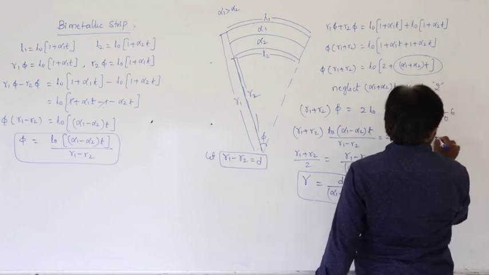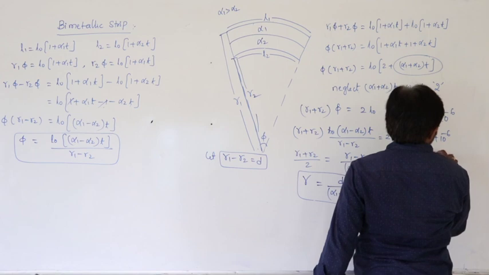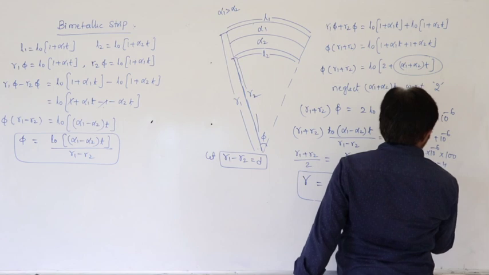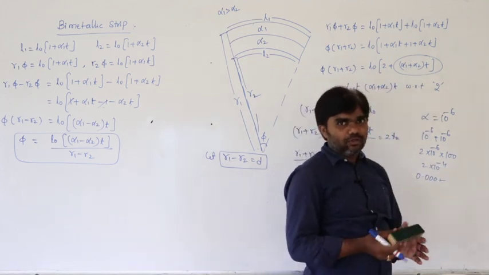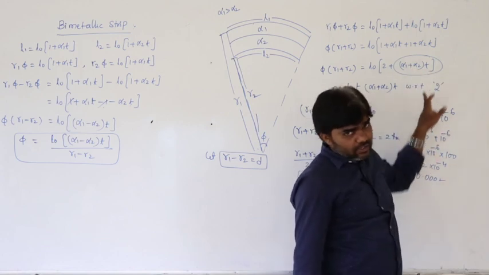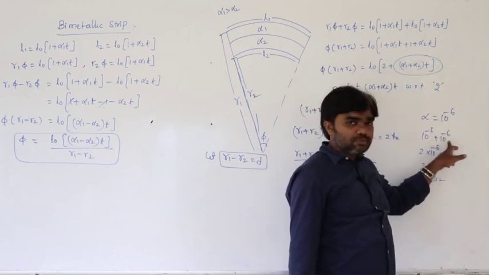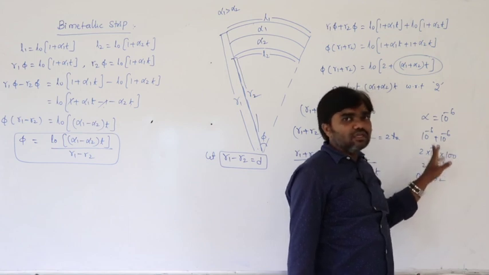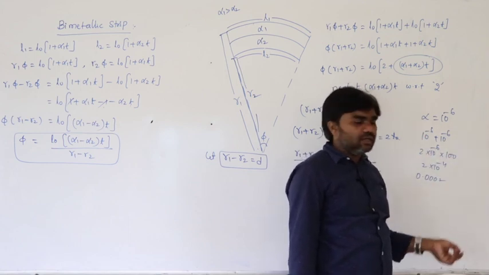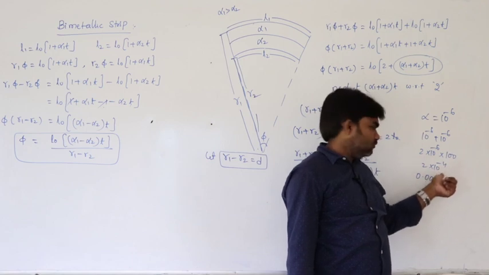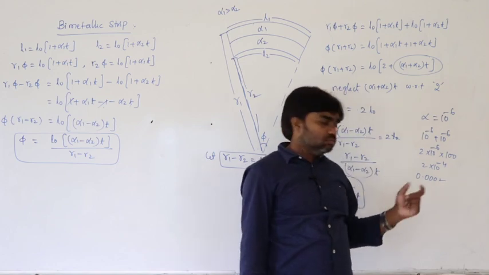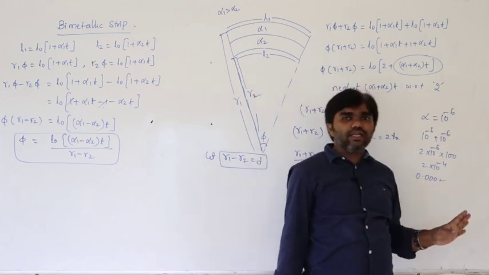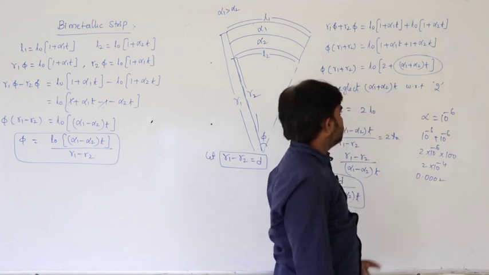So 10 power minus 6 plus 10 power minus 6 is 2 into 10 power minus 6, and into the temperature, for example if the temperature increases by 100, it is 2 into 10 power minus 4, that is 0.0002. When compared to 2, this value is negligible. So that is why this term is neglected.